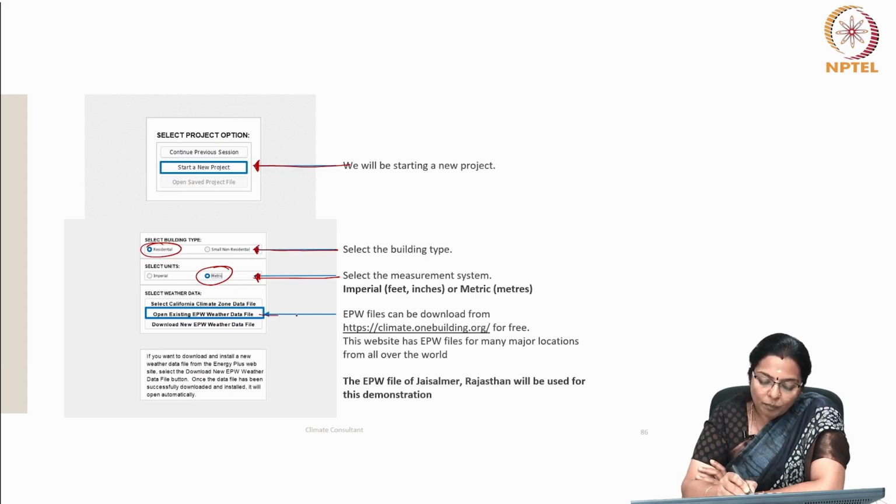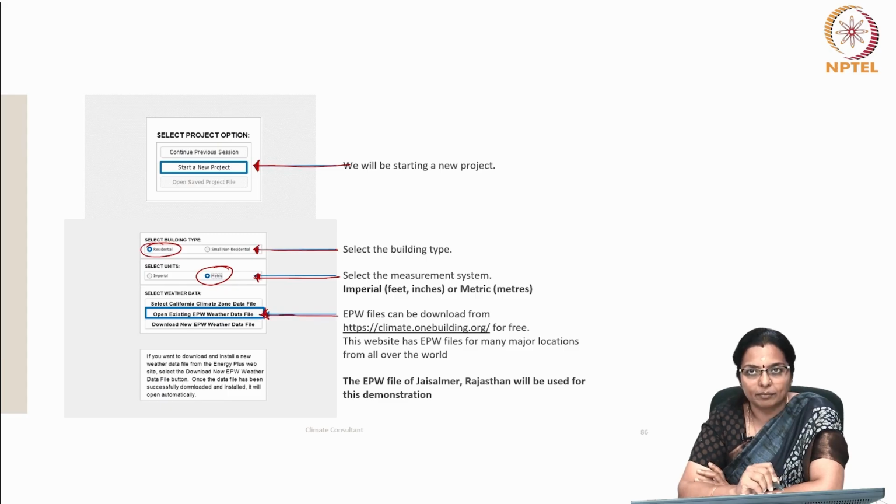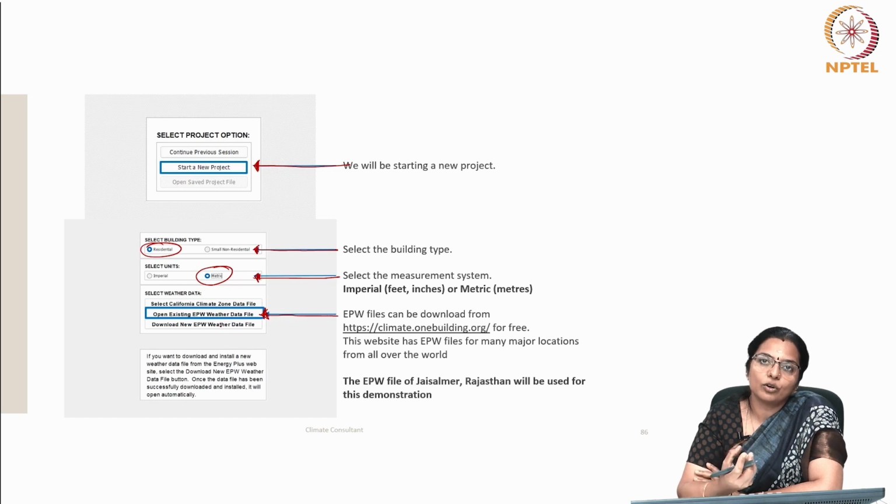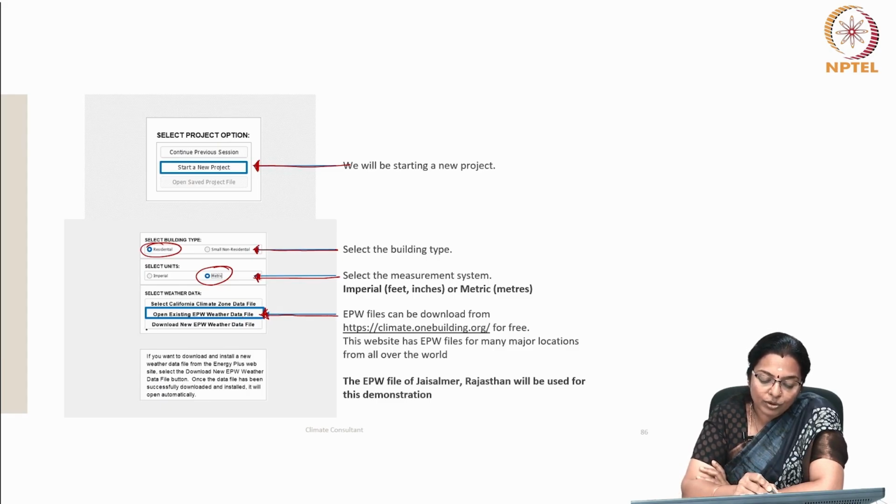Then select weather data. Either you open the existing EPW file weather data. If not, if you want for a very specific place which may not be there in the existing EPW file, then you have to download the new EPW weather data file. Now here, how to download?